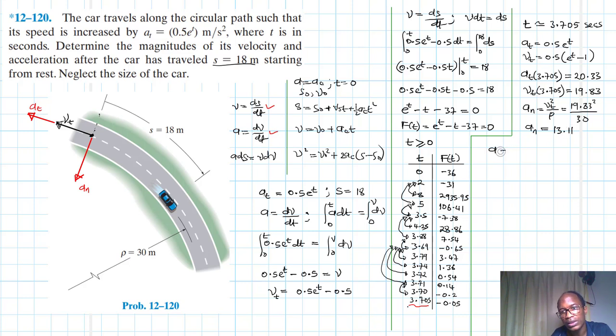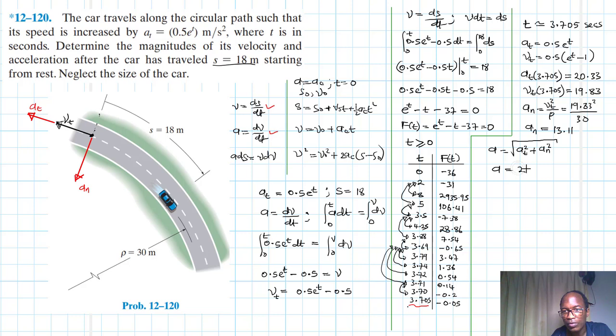So our acceleration is the square root of a_t squared plus a_n squared, so 20.33 squared plus 13.11 squared, square root of that.